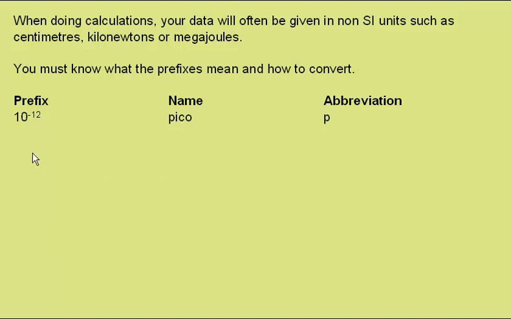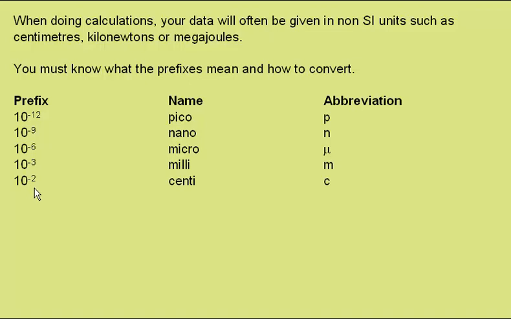We tend to go up in thousands, so 10 to the minus 9 is known as nano, abbreviation lowercase n. 10 to the minus 6 is micro, and that is the abbreviation of the Greek letter mu. 10 to the minus 3 you'll be familiar with as milli, abbreviation lowercase m.